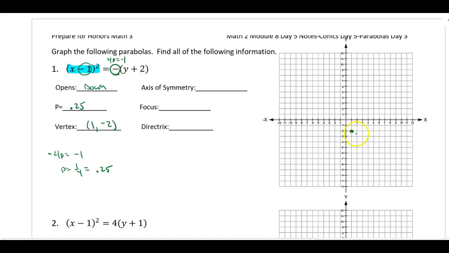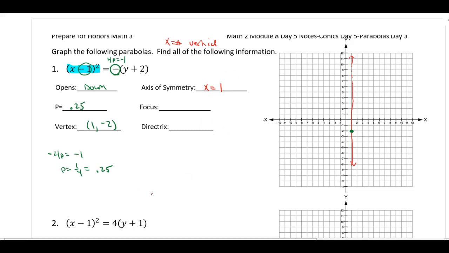I know it opens down, right? Therefore, my axis of symmetry is going to be right here. And with that axis of symmetry, since it's a vertical line, remember, x equals a number is a vertical line. So in this case, it would be x equals, what value is repeating? The x value, so x equals 1.